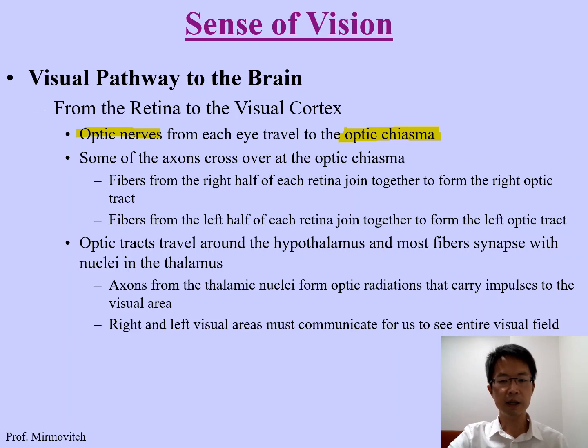After the optic chiasma, it will split again into the left and right optic tract. The two optic nerves, left and right, will join together to form the optic chiasma.